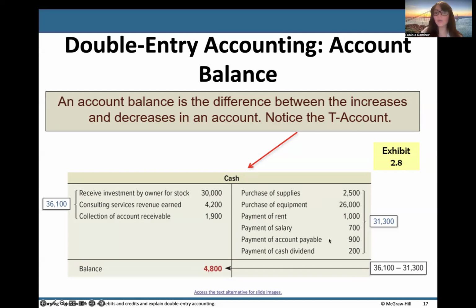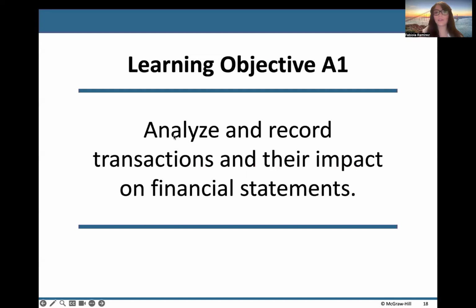We net the two, and that gives us our total balance. So we have $36,100 worth of cash coming in. That is an increase to cash. And we have $31,300 worth of cash going out the door. You net the two, and that gives you the balance of the account.